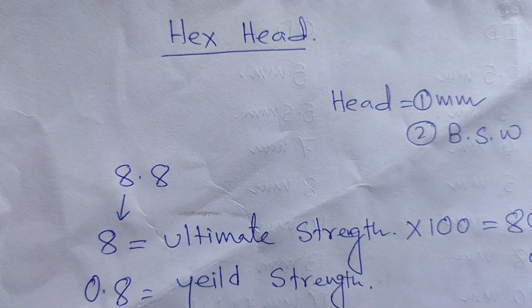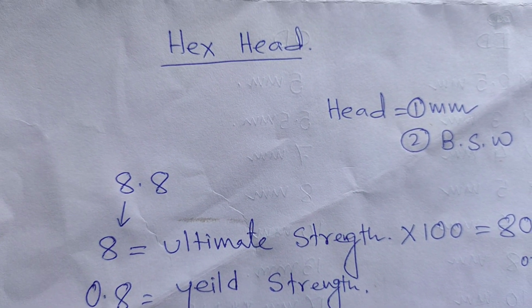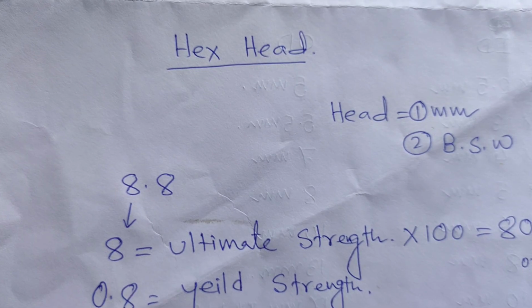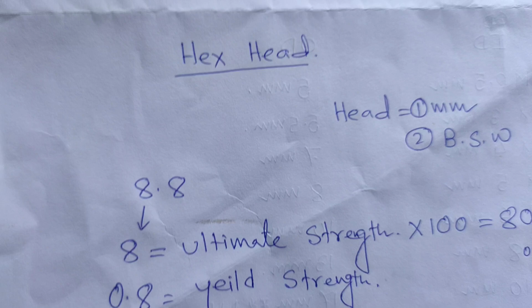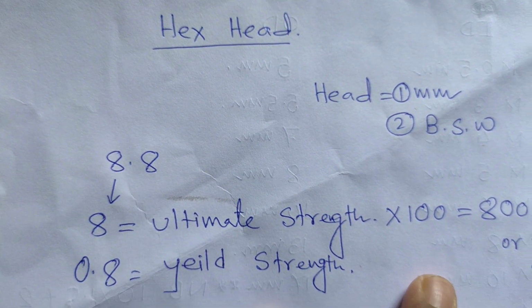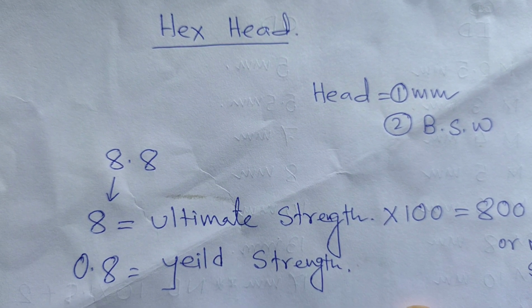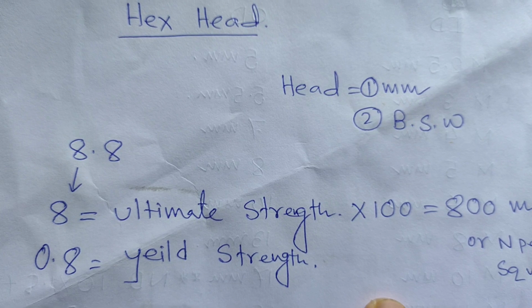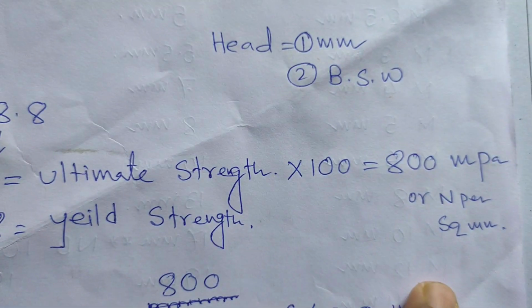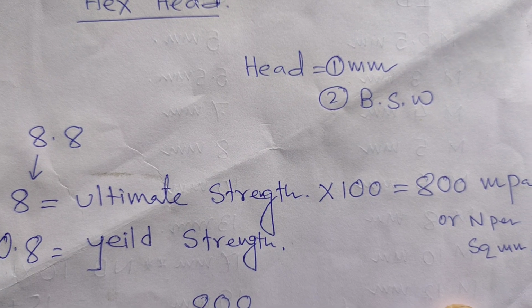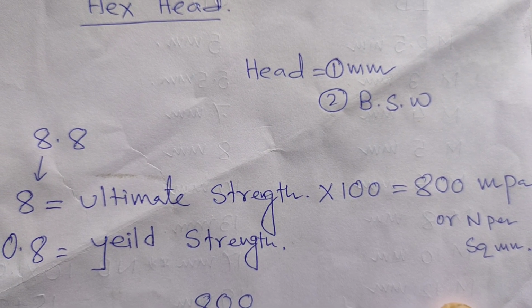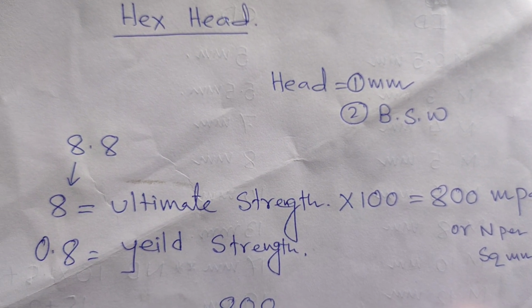What is the ultimate strength? It is the strength of the nut beyond which the nut will be broken and damaged. It can sustain pressures up to 800 megapascal or Newton per square mm. If you are forcing the nut at 800 megapascals, it will not break.